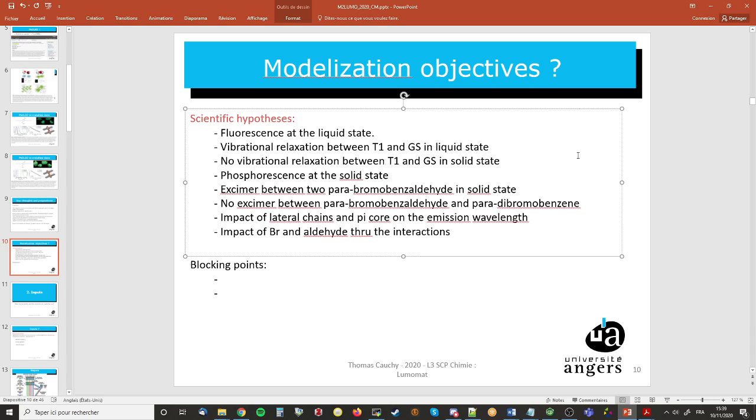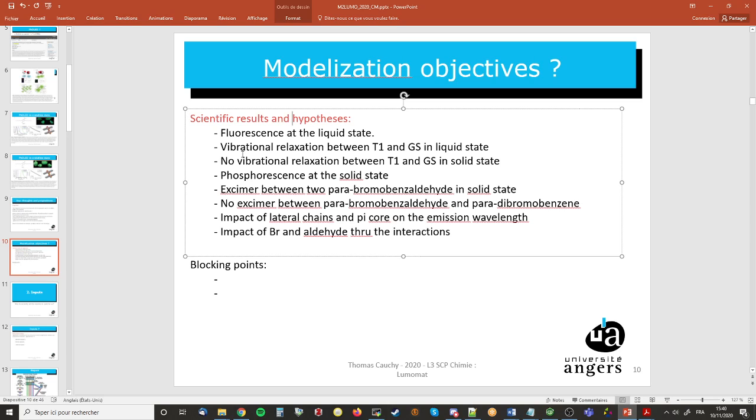And why is fluorescence in the liquid state a hypothesis? No, okay, yeah, you're right. I'm doing the skeptical role, and maybe I don't have to overemphasize the skeptical part.